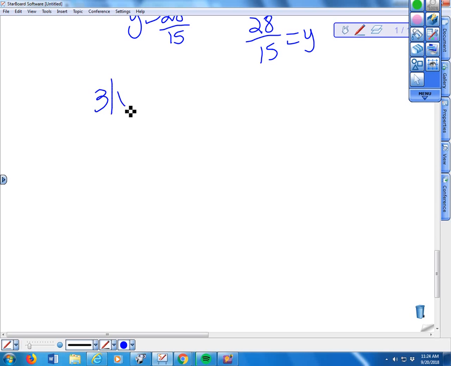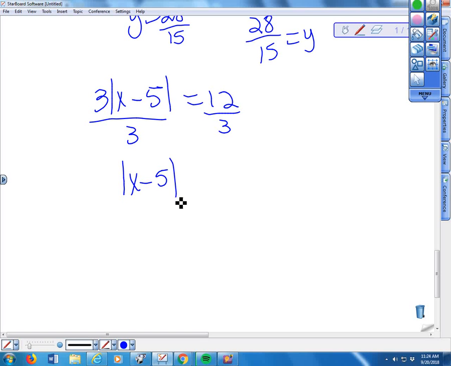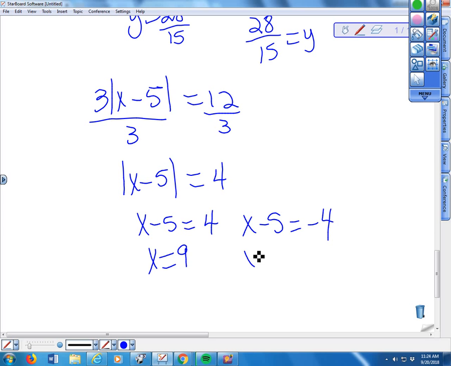So on this one, the way to isolate is to just divide both sides by 3. Then I get the absolute value by itself. Now I can set up my two equations and solve. So 1 or 9 was the answer there.